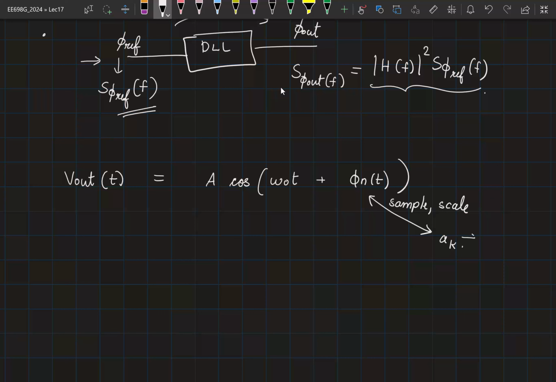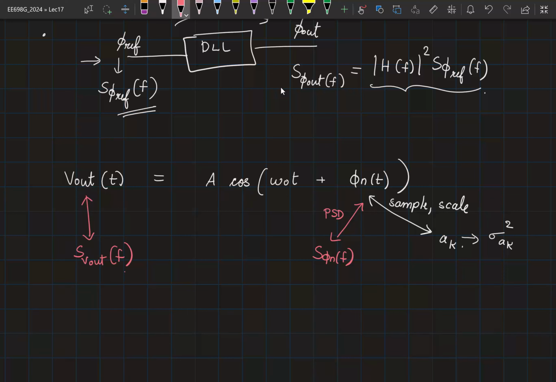Now, once you have AK, if you want, you can directly calculate what the power in the jitter sequence is directly based on the AK sequence. Or I can take the PSD of phi n of t. This gives you S phi n of f. Now, I can also take the PSD of V out, and this gives you S V out of f.